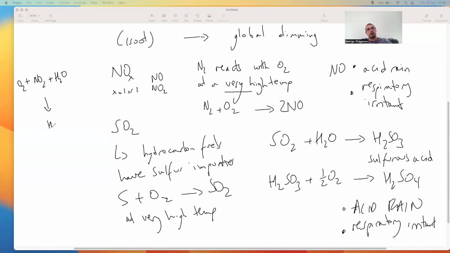And we're still going to make HNO3. But to balance it, we can now put a 2 here, since there's 2 hydrogens here. And there's 6 oxygens here. But there's 2 nitrogens, so we need a 2 here. So now we have 2 plus 4 is 6. Plus 1 is 7. So that obviously would be a problem.